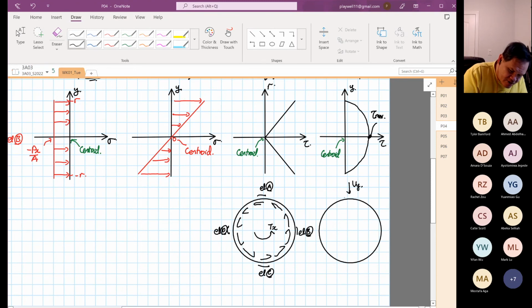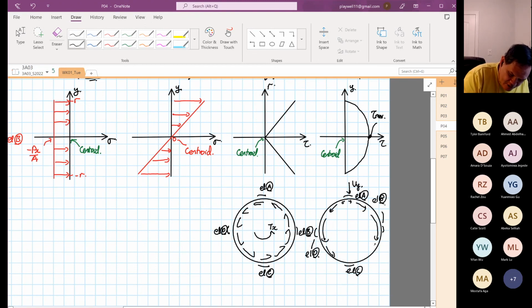So this is your element A, element B, element C, and over here is your element D. The smaller the arrow, the smaller the magnitude, and the bigger the arrow, the bigger the magnitude.